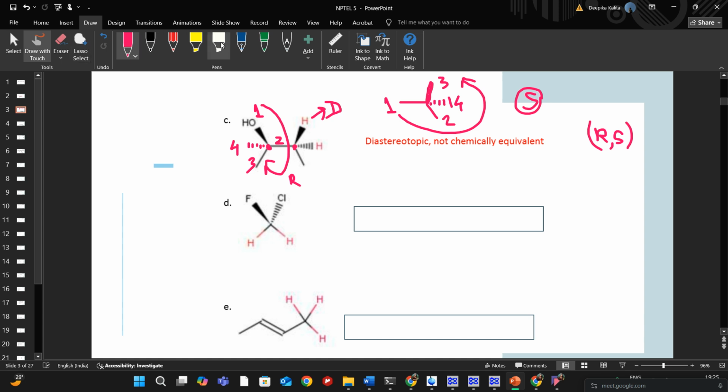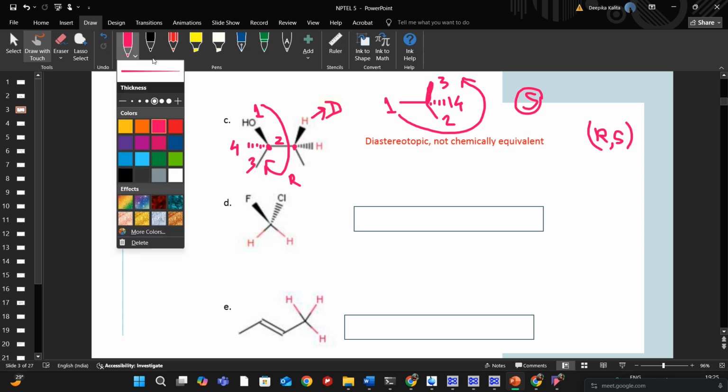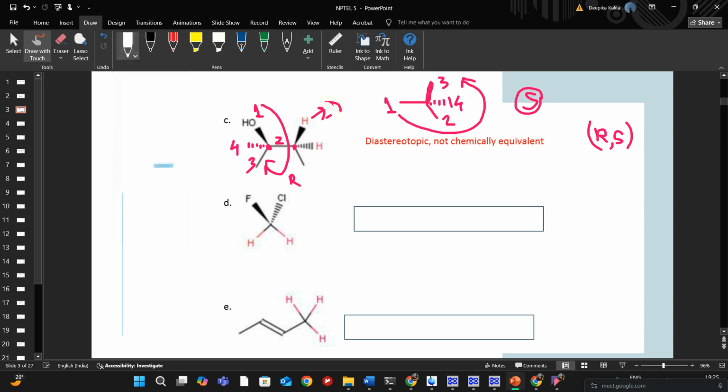Okay. Now we are going to replace the other proton by deuterium.